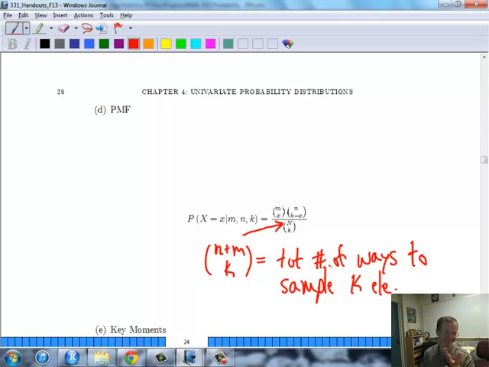We have 2 features. We're fixing that I am selecting x of the good ones, so we are going to select x of the M good ones.